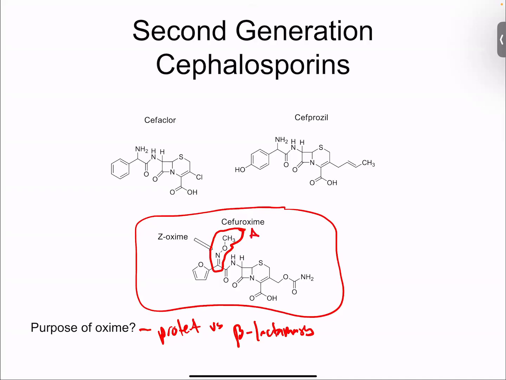And because of that, what you're going to notice is that in all of the subsequent generations, this oxime or a derivative thereof is retained.